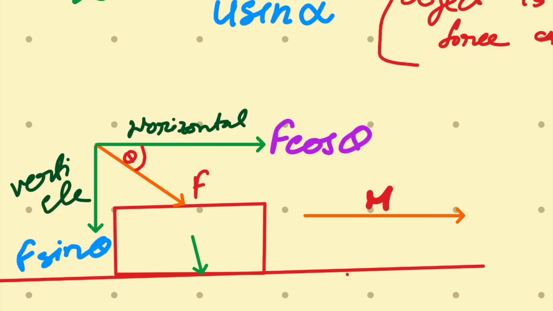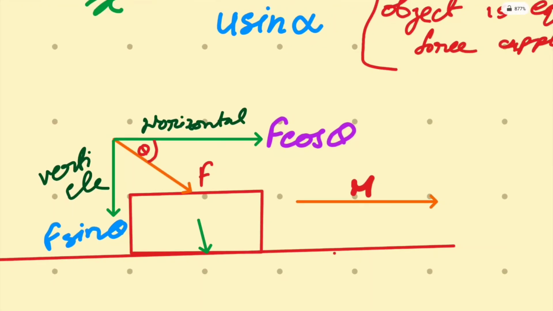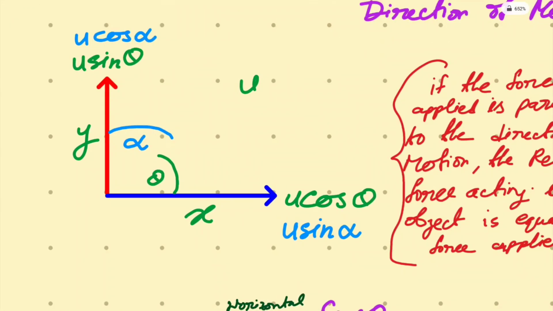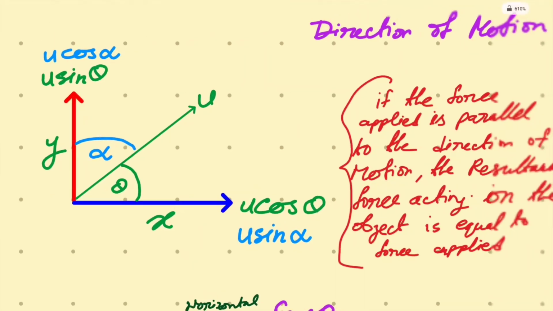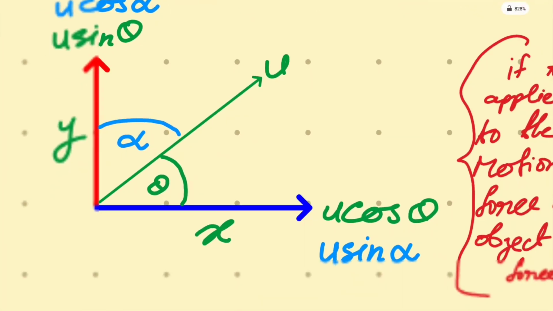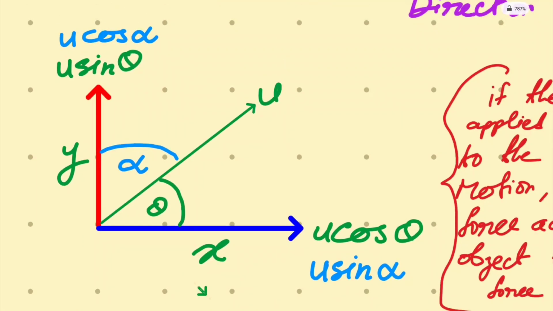Here is another example. If my force is acting like this, then if the green is my actual force, denoted as U, we can resolve it in two ways. So I will first mask this out.